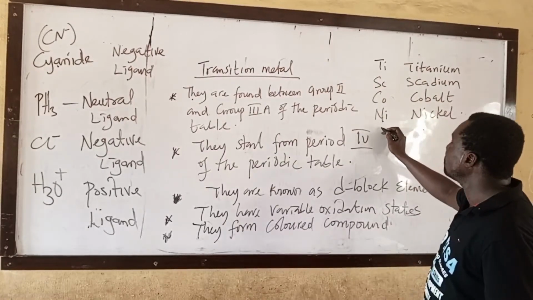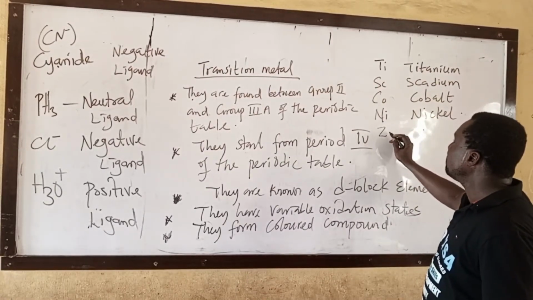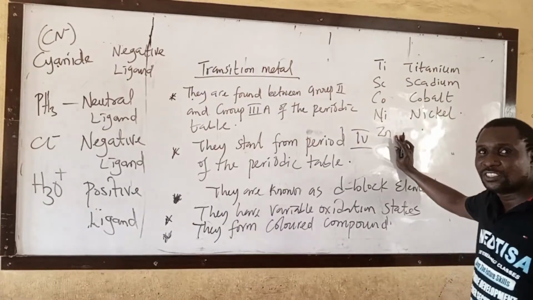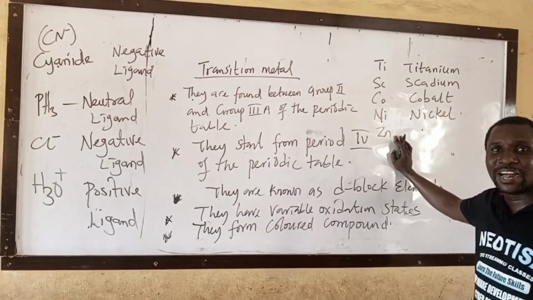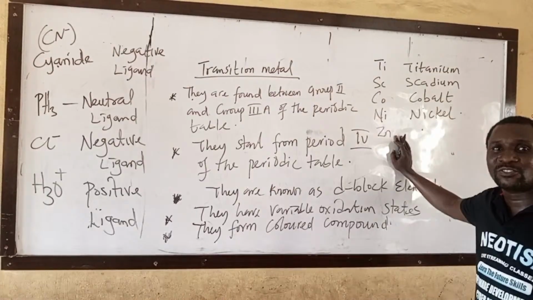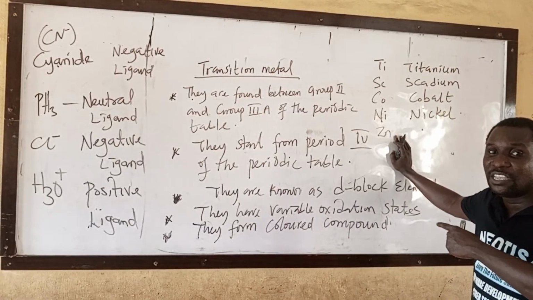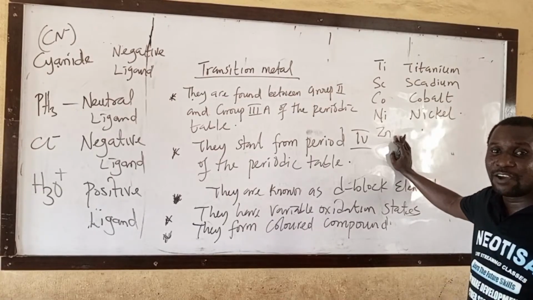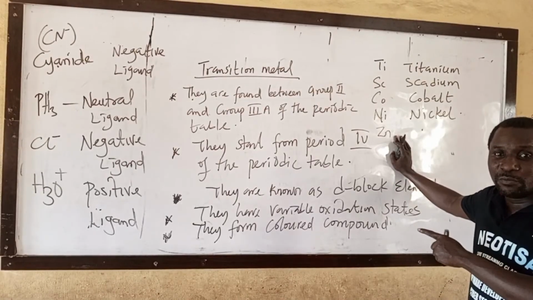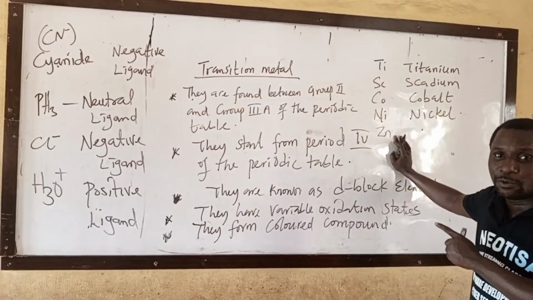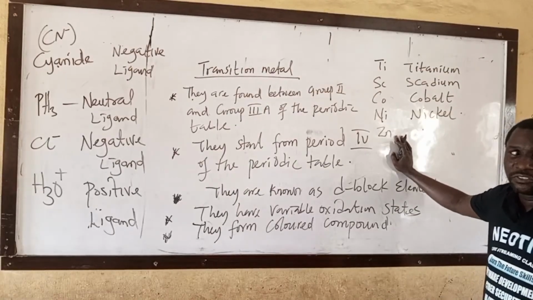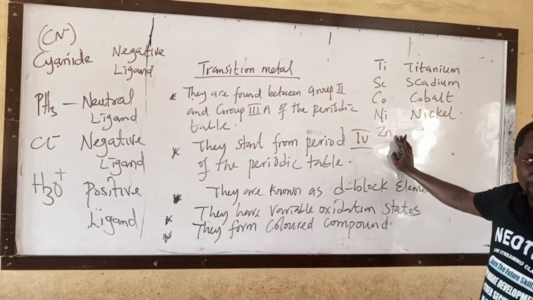We have Zn, but sometimes zinc is not regarded as a transition metal in advanced chemistry, because it has a fully filled d orbital. Transition metals don't have fully filled d orbitals. But at this level, I can still count it. In advanced chemistry, I will change it for you.